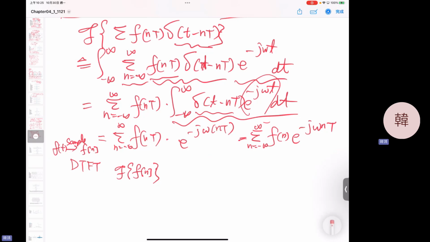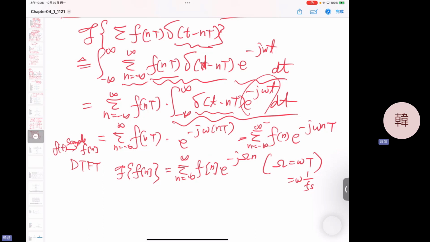Okay, so the Fourier transform of a discrete signal, we say it's equal to what? Equal to the summation from minus infinity to infinity of f of n times exponential of minus j omega n. Omega, this one is a new parameter. We say it's equal to omega T, and T is our sampling time every period, and you can say it's equal to the inverse of the sampling frequency.